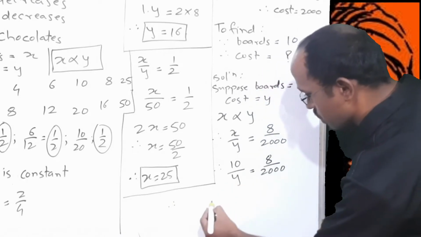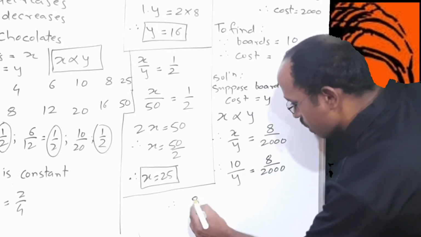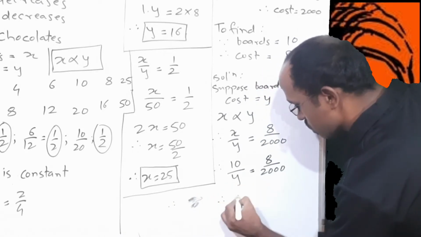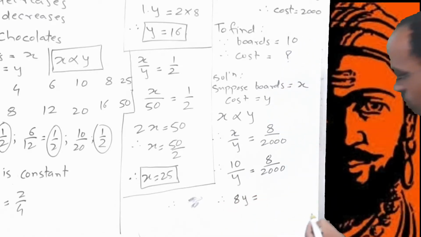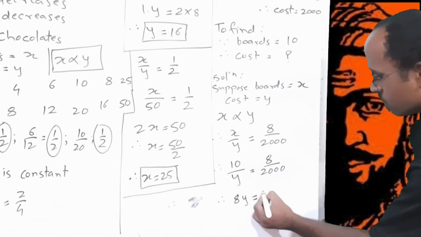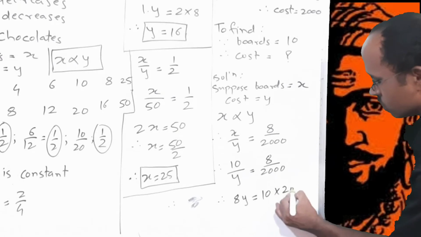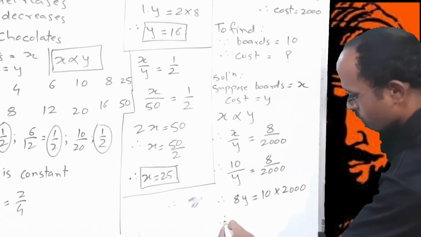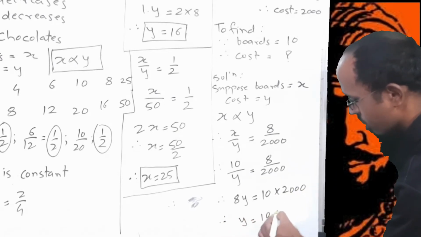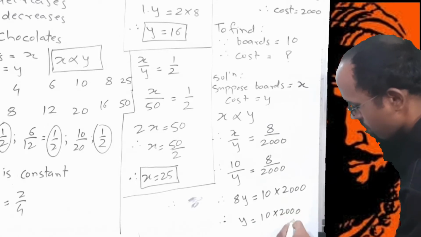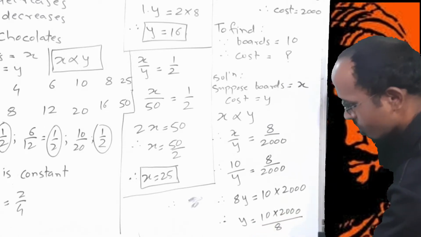Therefore 8y is equal to 10 into 2000. Therefore y is equal to 10 into 2000 upon 8.